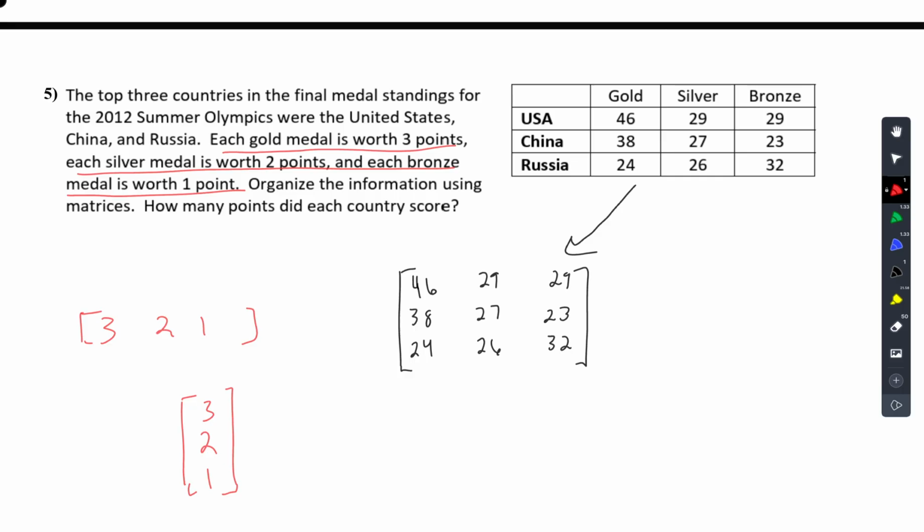So if I do this one first, I'm going down a row, but there's no more numbers left to multiply with the 38. So the correct answer is to put this guy here, because when I multiply them, I'm going to go 46 times 3 plus 29 times 2 plus 29 times 1. So that's how you would figure out those points.